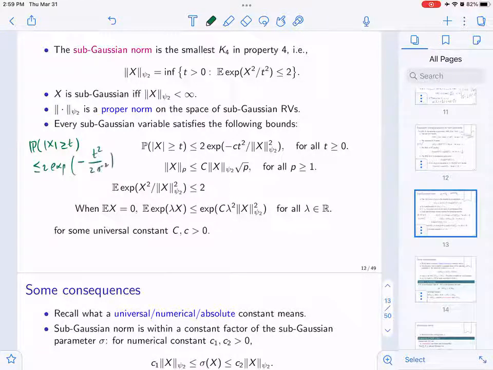You can see the constants here are explicit. The sigma squared is the subgaussian parameter. This is exactly the same thing, but now the constants are implicit, and sigma squared is replaced with this, which has more interesting properties, I would say. This could have been a norm, but we didn't define it like a norm.